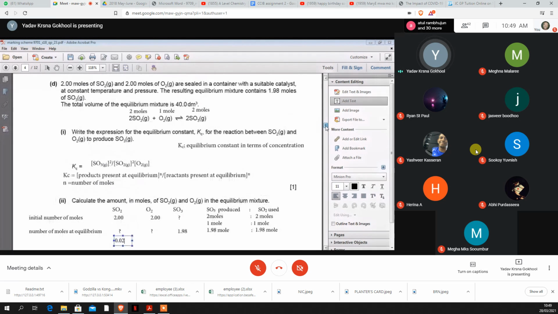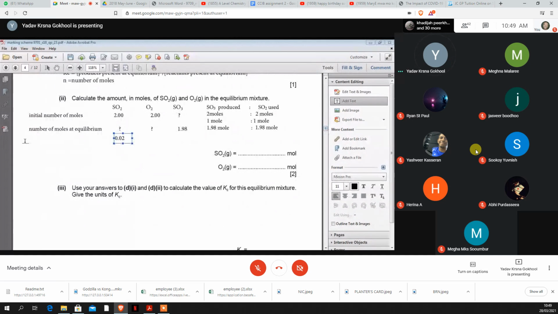Now, if I have used, just come over here, SO2 is to O2. Take these 2 moles is to 1 mole.